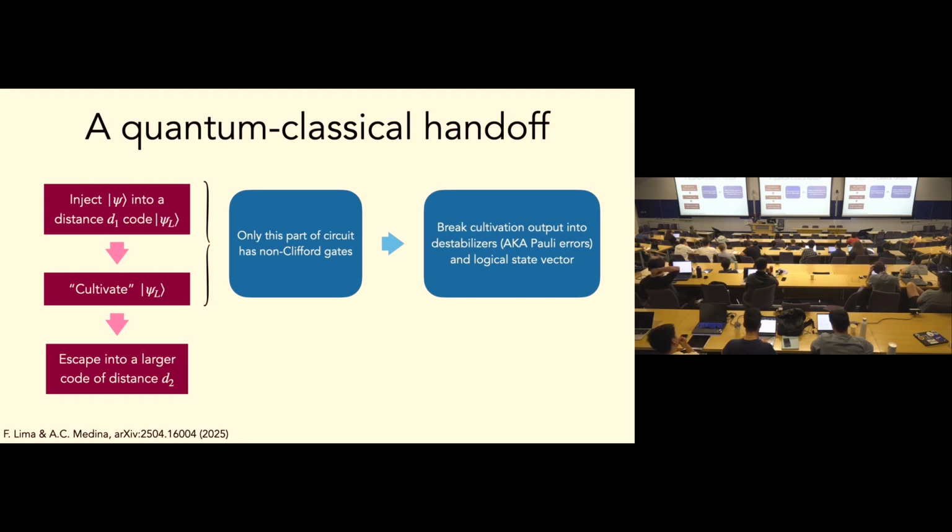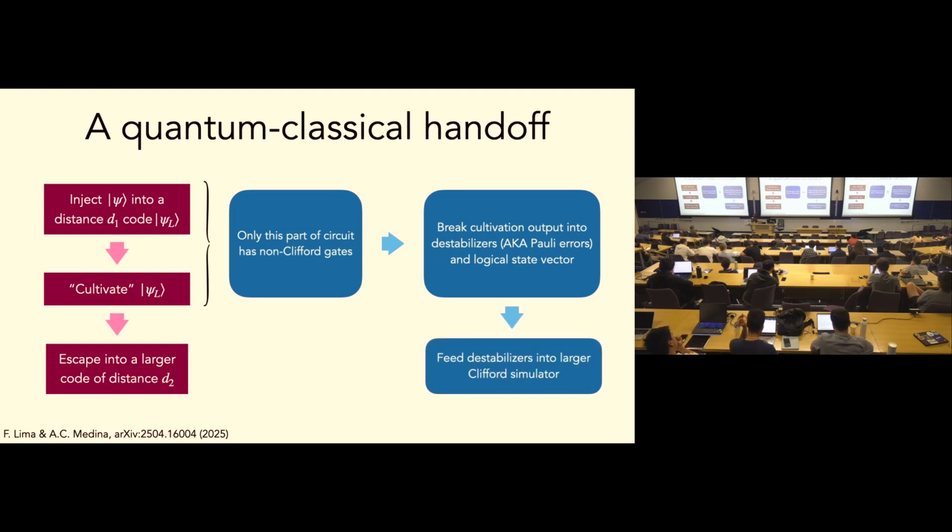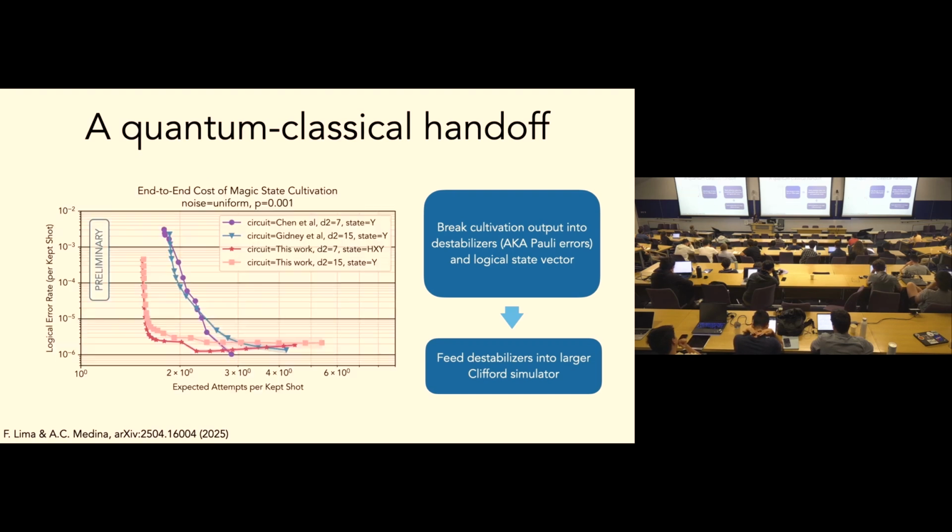The output is formatted into two parts. The first is Pauli errors called destabilizers, and the second is a logical state vector that we store in memory. We feed the destabilizers into the larger Clifford simulator of size D2 squared and complete the simulation from end to end.